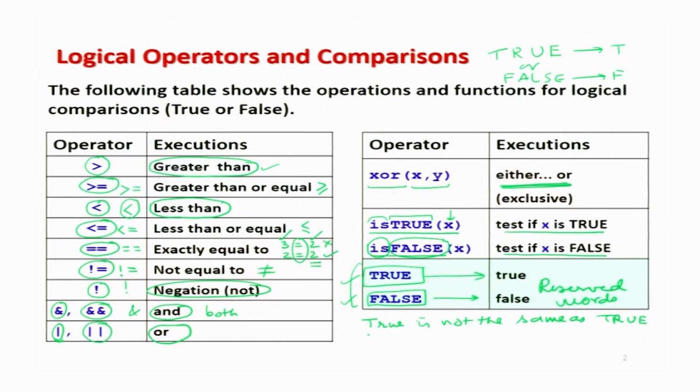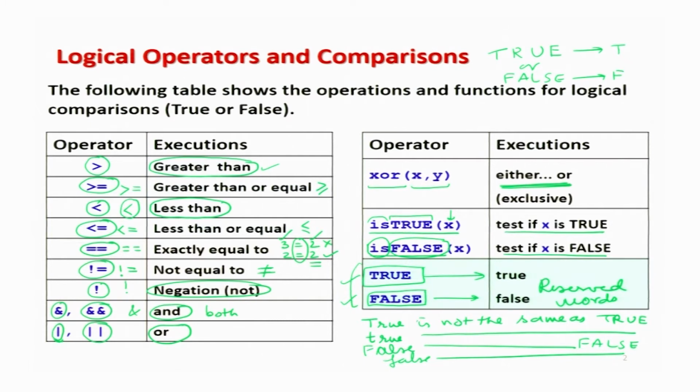Similarly, if you write all the letters in lowercase in true, then this is also not the same as TRUE. And similarly for false, if F is capital and A L S E is in lowercase, then it is also not the same as FALSE. And if you write false all in lowercase, this is also not the same as FALSE, which is a reserved word. So, that is what you have to keep in mind.